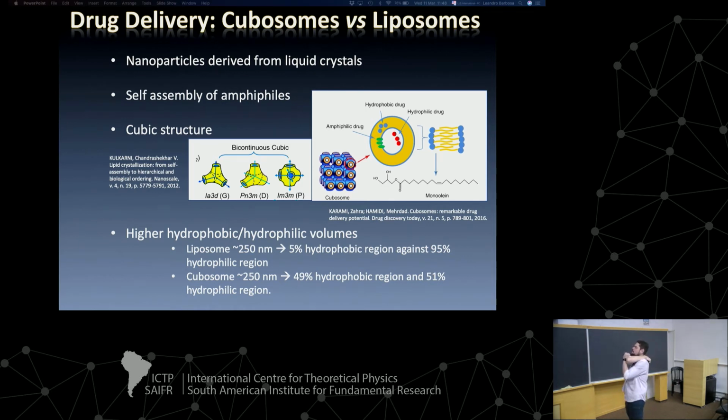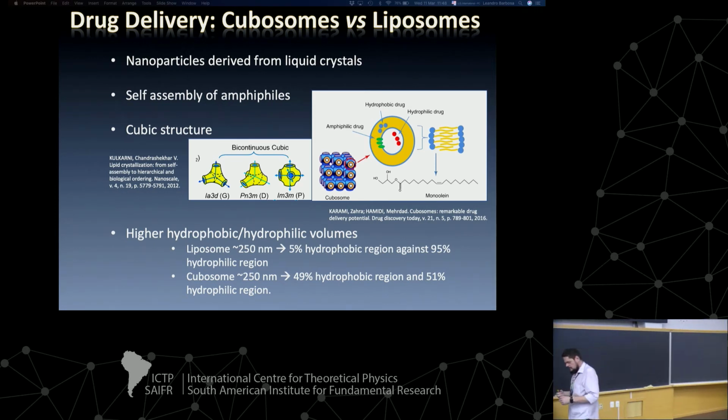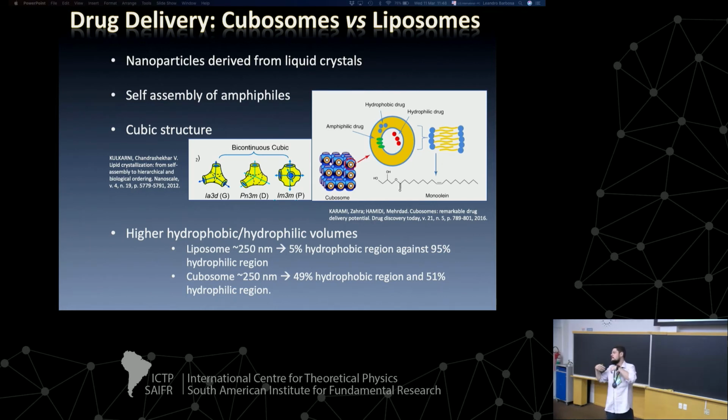In the case of cubosome, however, at the same size, you have more or less 50 and 50 volumes of hydrophobic and hydrophilic contributions. So what we believe is that the cubosome is a must. It could be a very, very nice nanoparticle to load with hydrophobic drugs due to the excess of hydrophobic volume that we have in the particle.